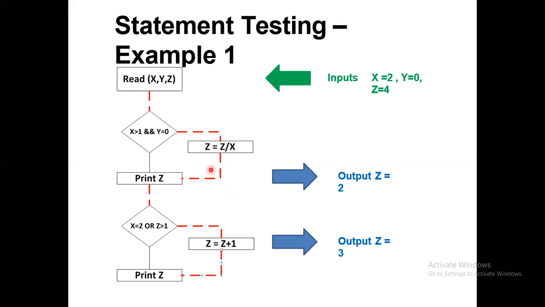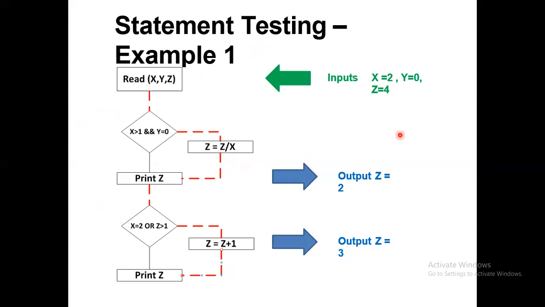So if I assign the value 2 in here, Z equals 2 divided by 2 will be 1. Likewise, you can simply derive values for statement testing.